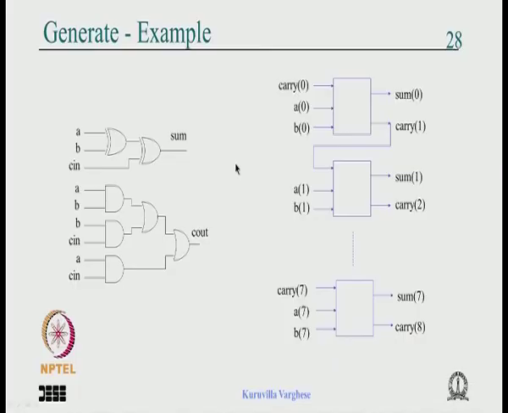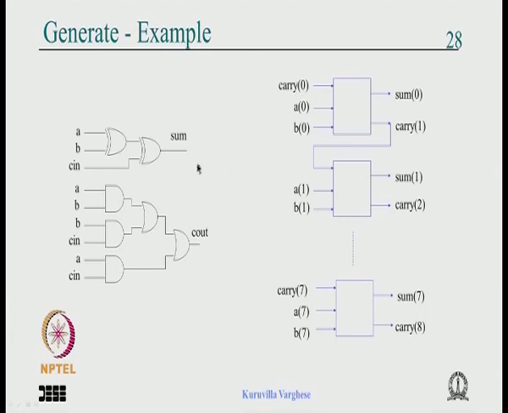Similarly, for component instantiation, when blocks are interconnected in a symmetrical, regular way, you could use the generate loop to come out with this structure. So let us move on and take an example. I am taking an example of a ripple adder.